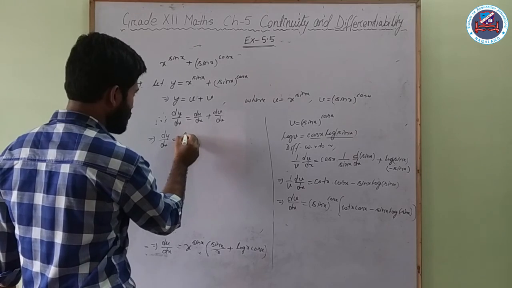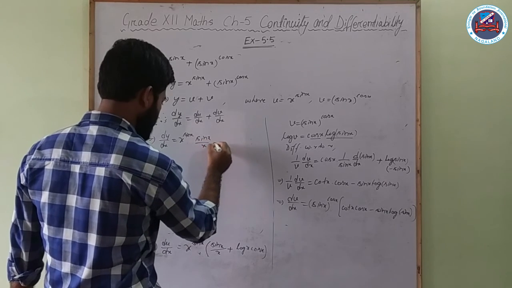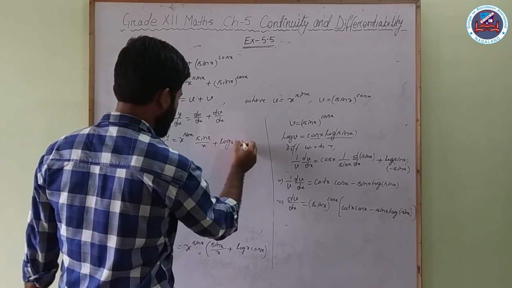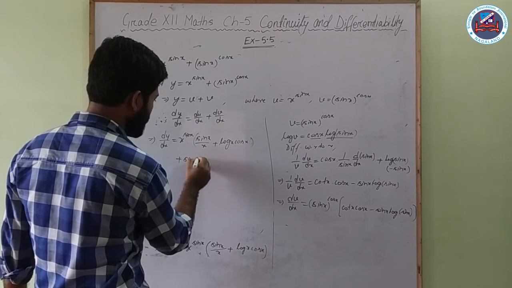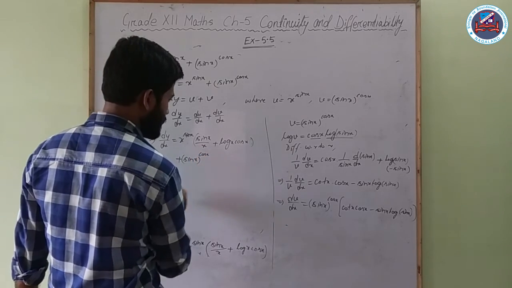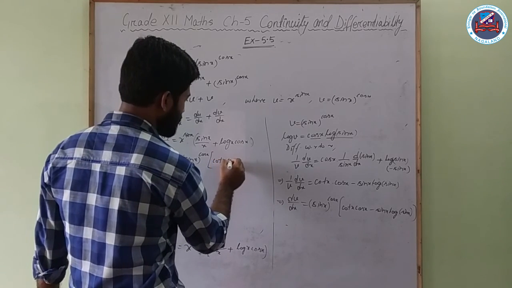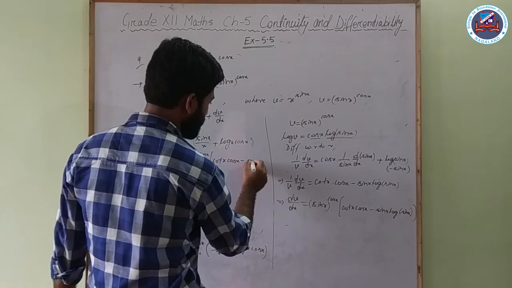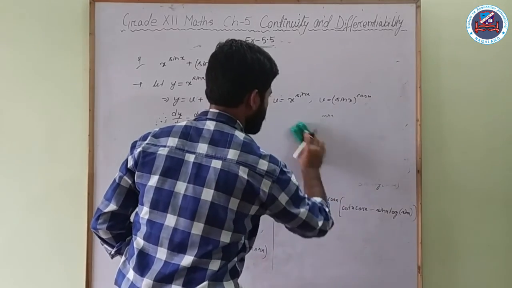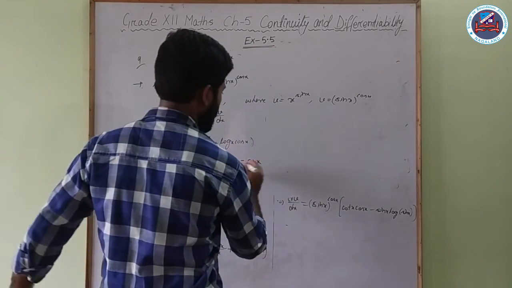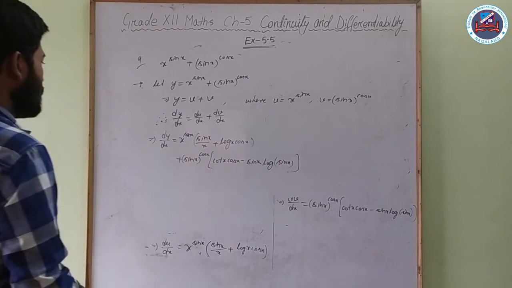It will be x to the power sin x into sin x by x plus log x cos x plus sin x whole to the power cos x, or sin x to the power cos x into cot x cos x minus sin x log of sin x. Fine.